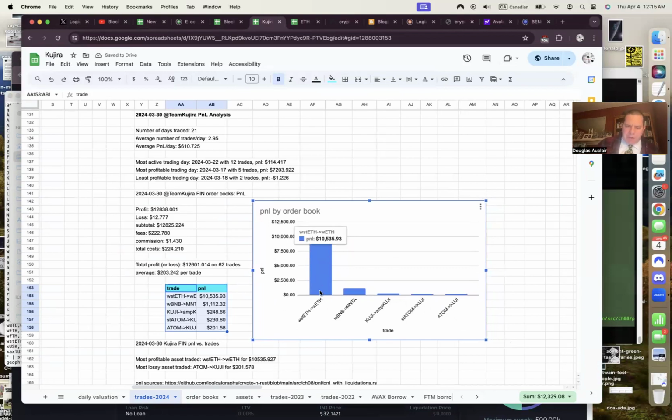My most profitable trading arena was trading wrapped staked Ethereum for Ethereum and back and forth. Beautiful arbitrage there. That order book has since become not very active at all. And then BNB got really active when it went from $200 per to I traded at $1,000 per in one instance. So that was a pleasant surprise for me there. Okay, so now we have profit and loss by order book.